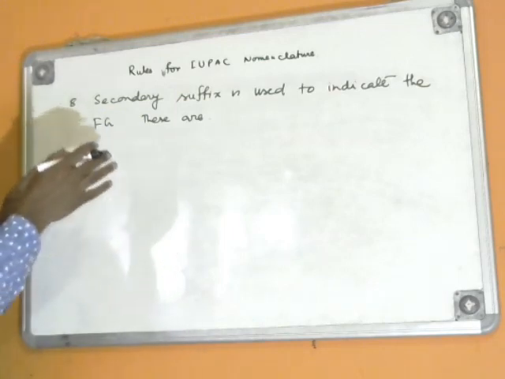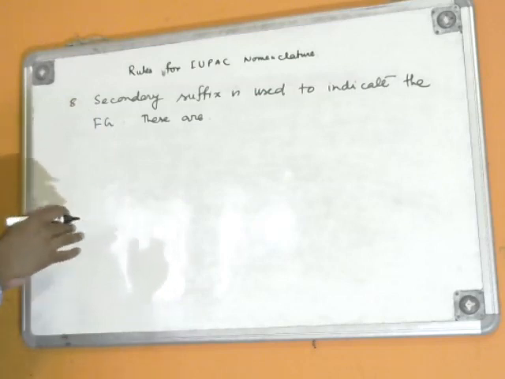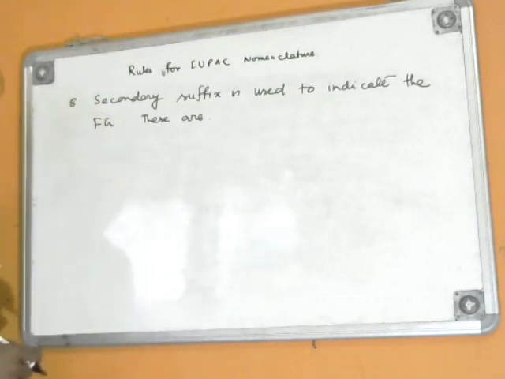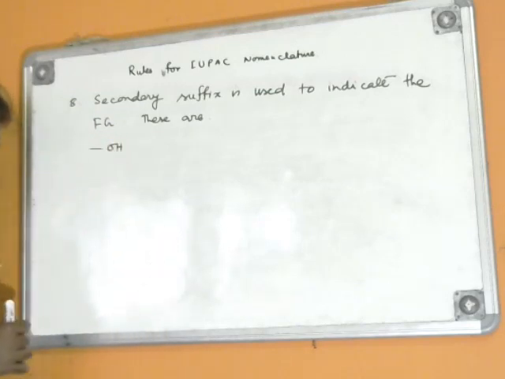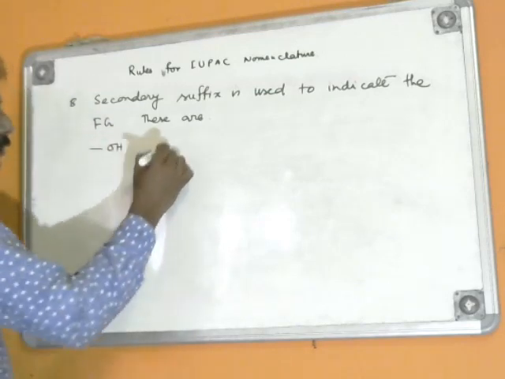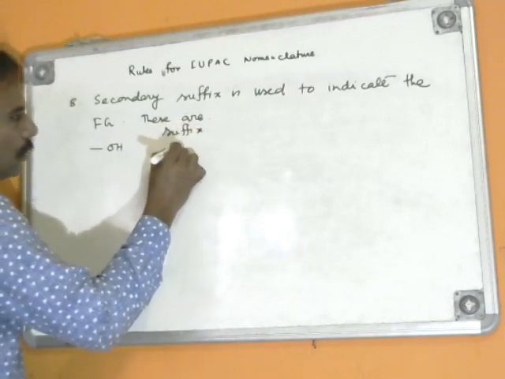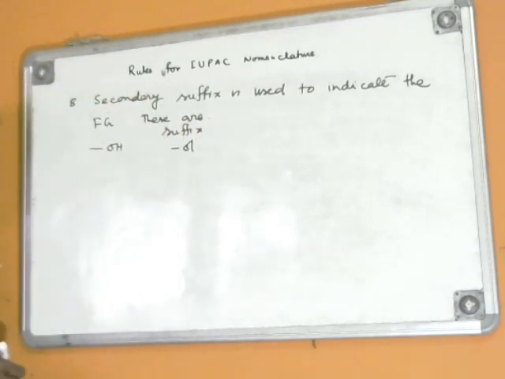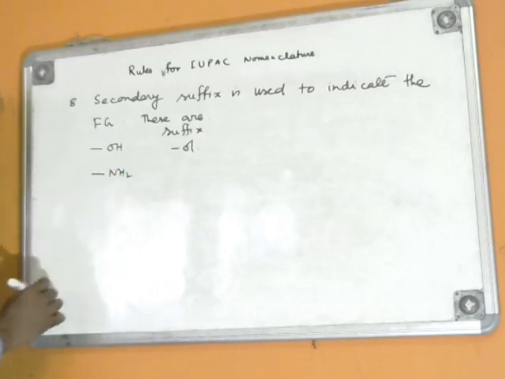So I am listing the functional groups that are present as suffix in the name. Suppose OH, that means alcohol. Suffix will be -ol. NH2, that is amine.